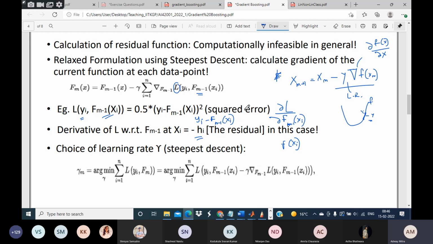And now for the purpose of gradient descent you can put a minus in front of it. So the gradient which you have calculated in this way is nothing but the residual itself.